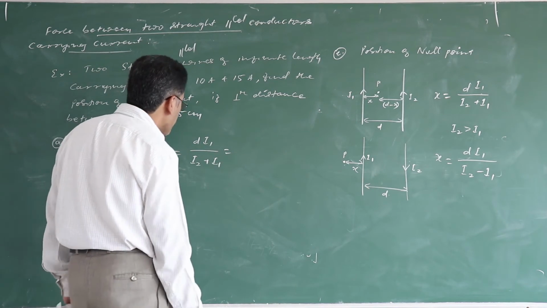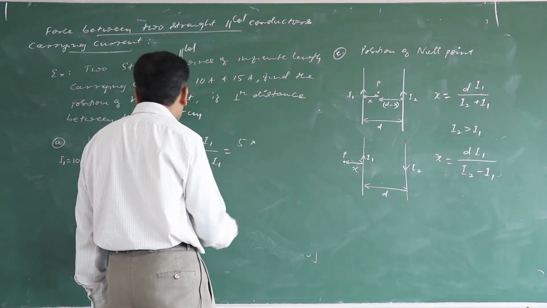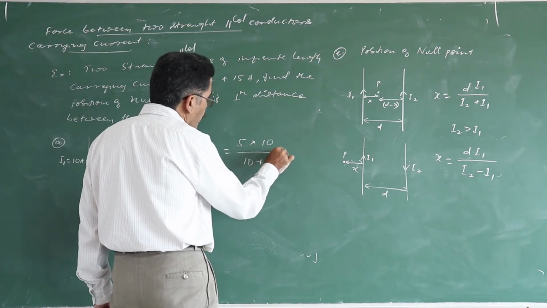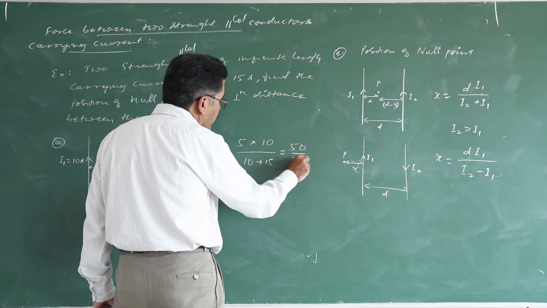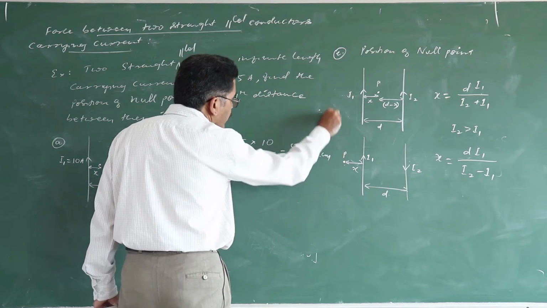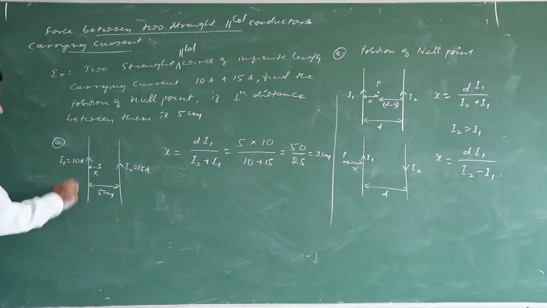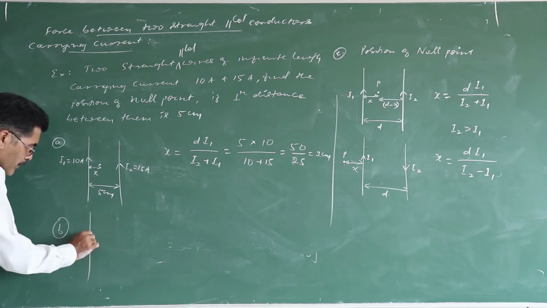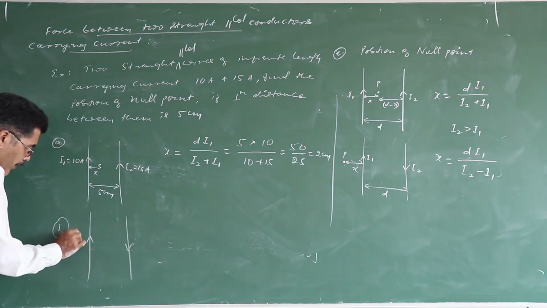Here d is 5 centimeter, I1 is 10, divided by 10 plus 15. 50 divided by 25, therefore 2 centimeter from I1.